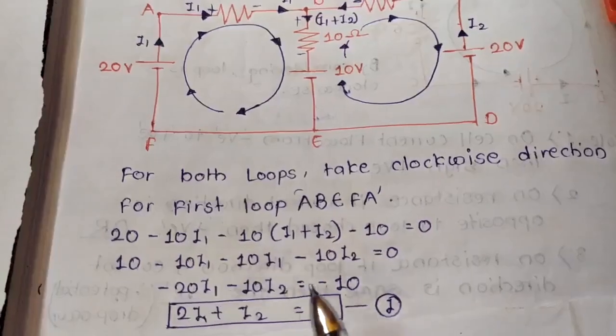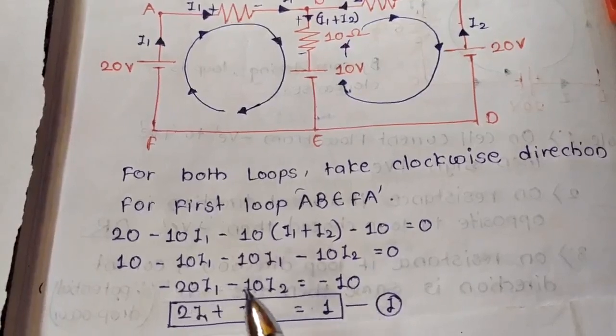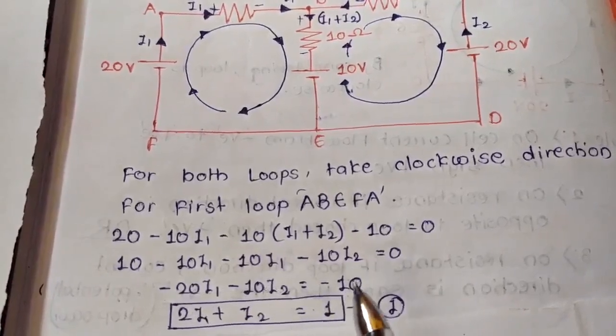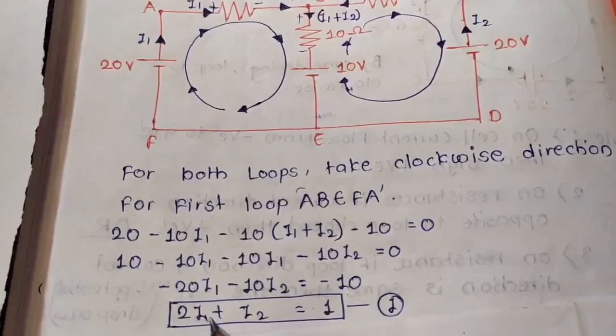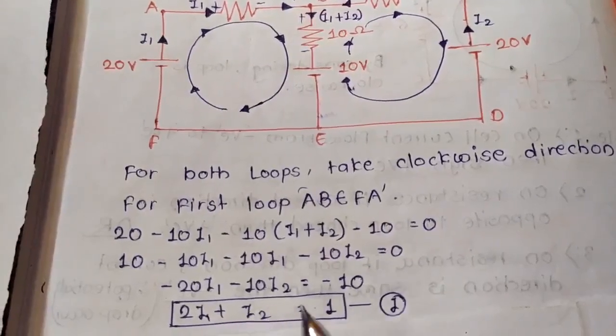Now what we get? Minus 20 I1 minus 10 I2 is equal to minus 10. Hence we can rewrite as 2 I1 plus I2 is equal to 1.